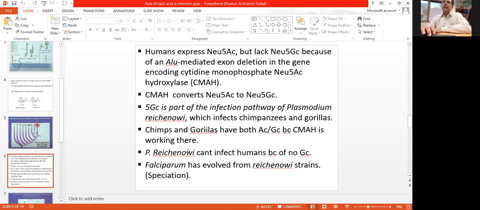So that's why this particular Plasmodium species cannot infect human beings, and that's why we say that our ancestors in very ancient times got this kind of resistance against malaria caused by reichenowi, or a common ancestor between reichenowi and falciparum, by that deletion which happened in the CMAH gene.